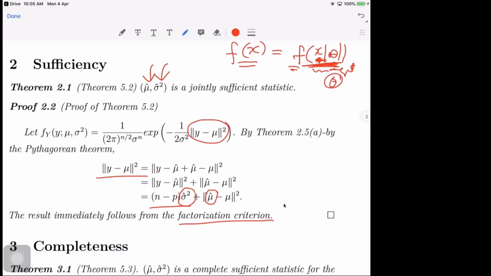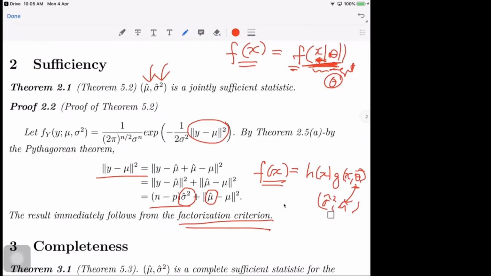Factorization criterion: if you can factor your density function as a function of x times a function of x with respect to your parameters. And our parameters are sigma hat square and mu hat. Then these two are sufficient statistics. So that is by factorization criterion.